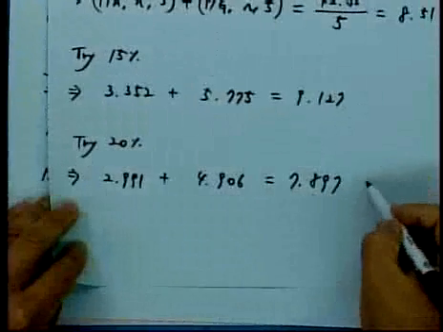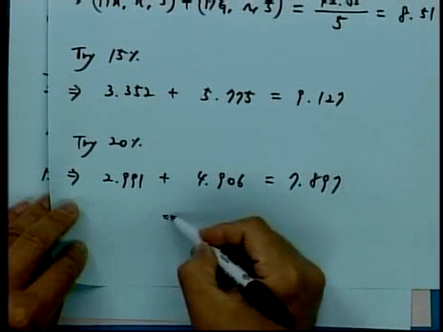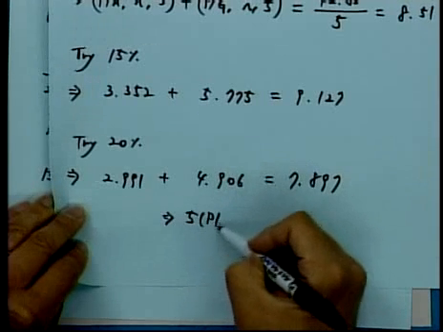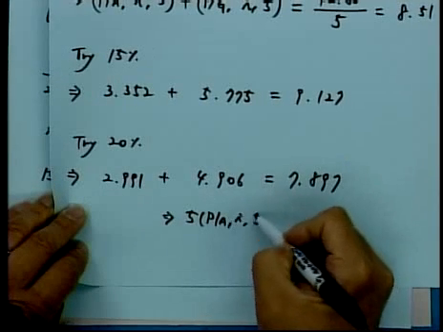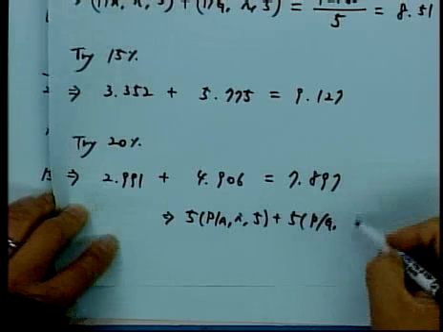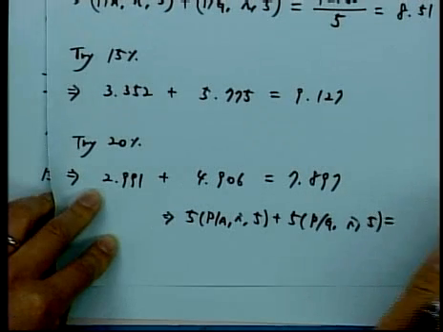And what about if it's 20%, then 5 times P given A, I over 5 plus 5 times P given G, I over 5. How much is this?